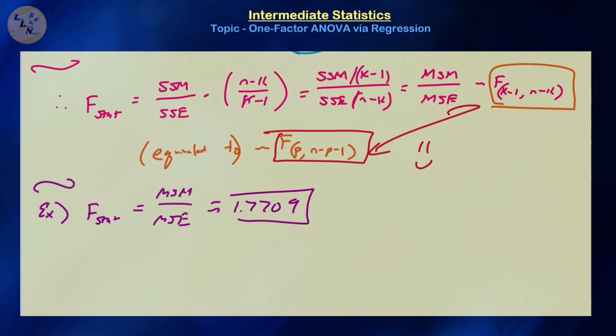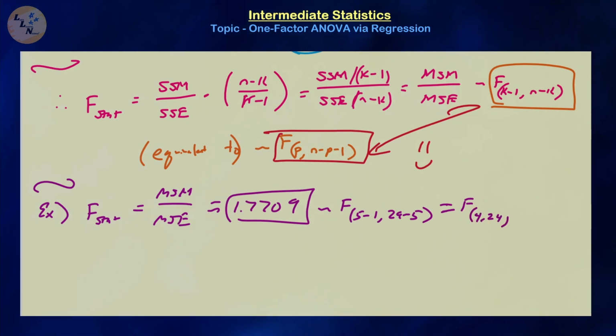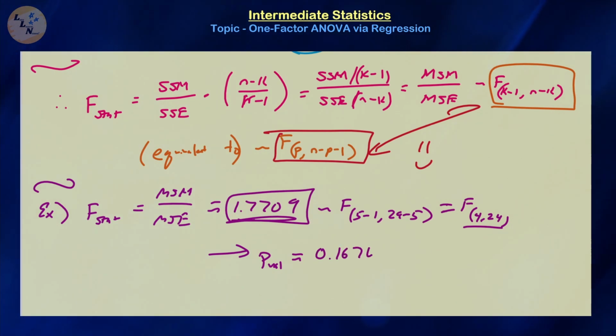And remember that this is going to be associated to an F with 5 minus 1, 29 minus 5 distribution, which is just the same as an F(4, 24) distribution, and one can find that this f-test statistic associated to that particular distribution is going to create a one-sided p-value of approximately 0.1676. Right?